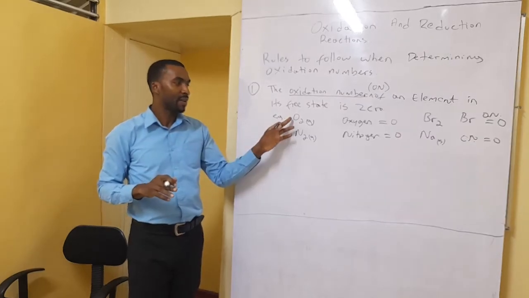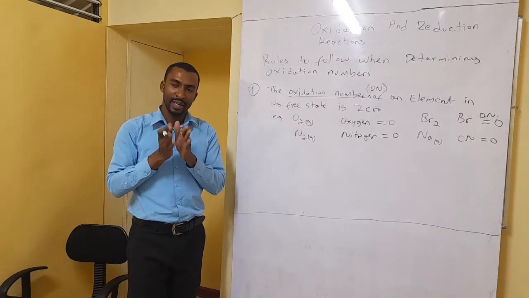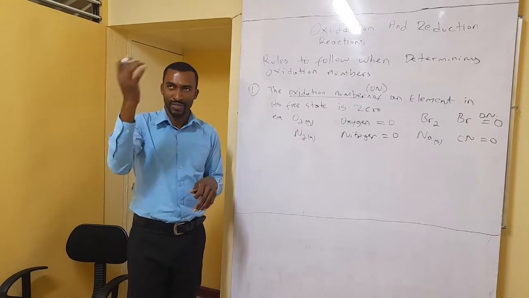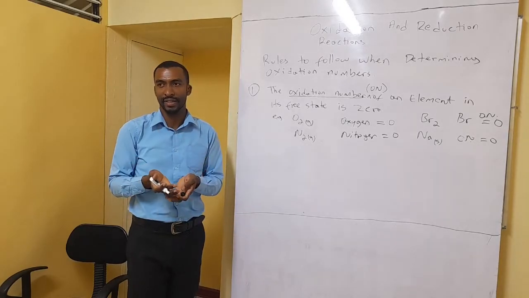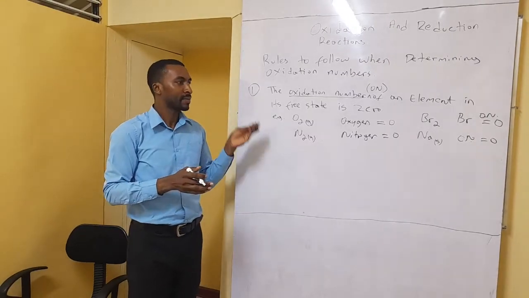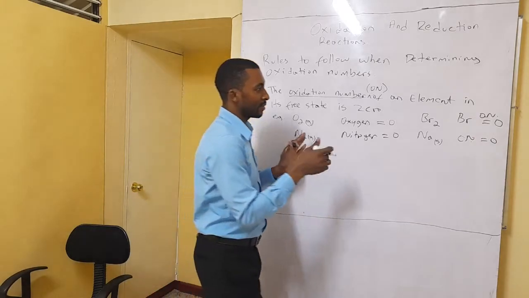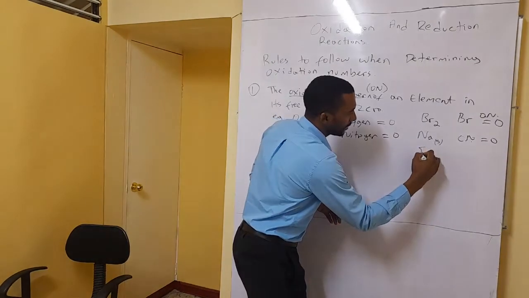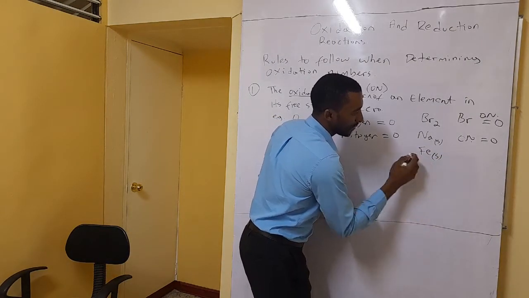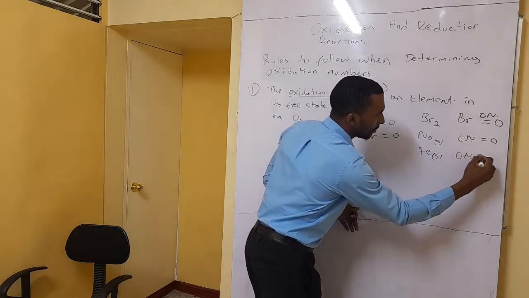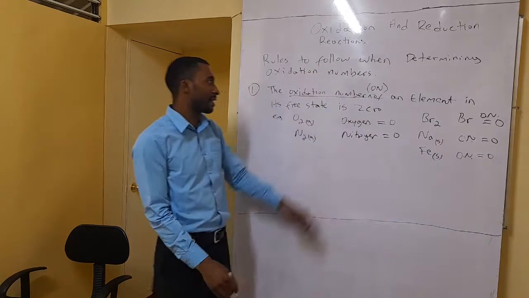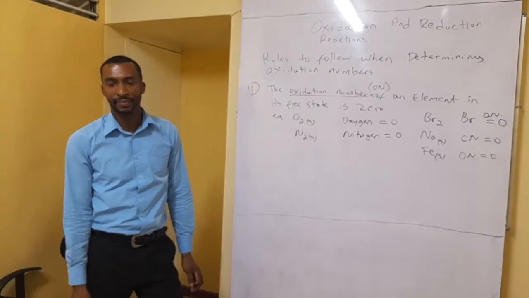You've got to remember that oxygen doesn't exist as an oxygen atom in its free state. It exists as oxygen gas. That's how you will find it in the earth naturally. Alright? So if you go to even iron, Fe solid by itself, oxidation number equals 0. So all these are examples of rule number 1, right?